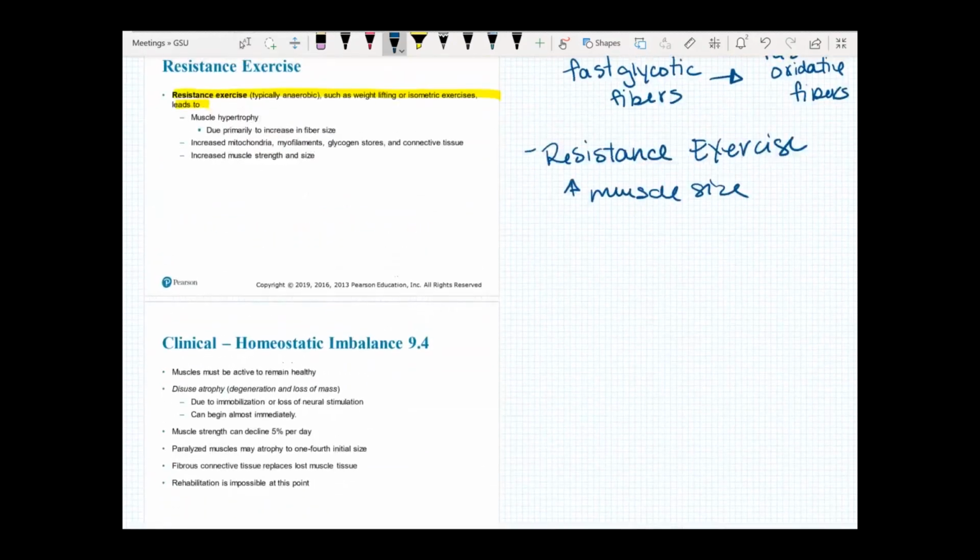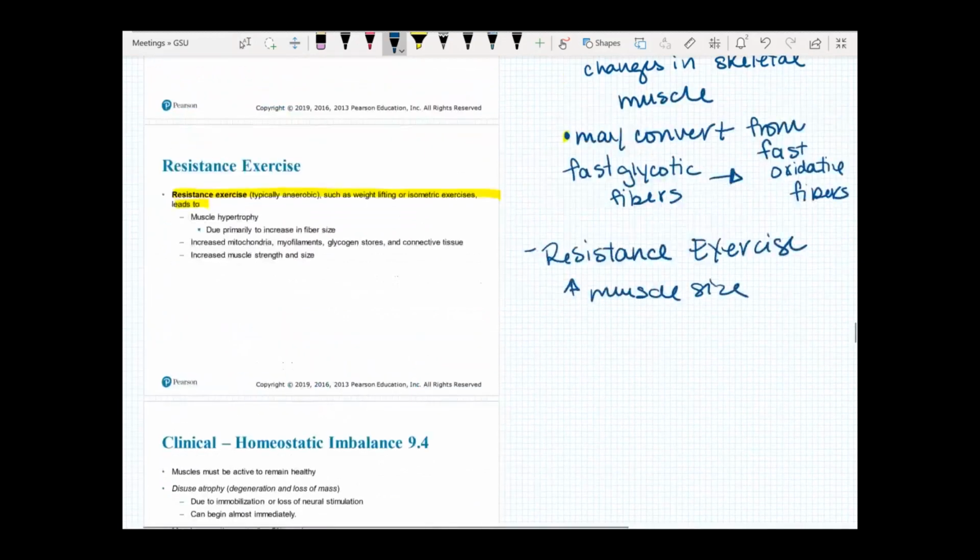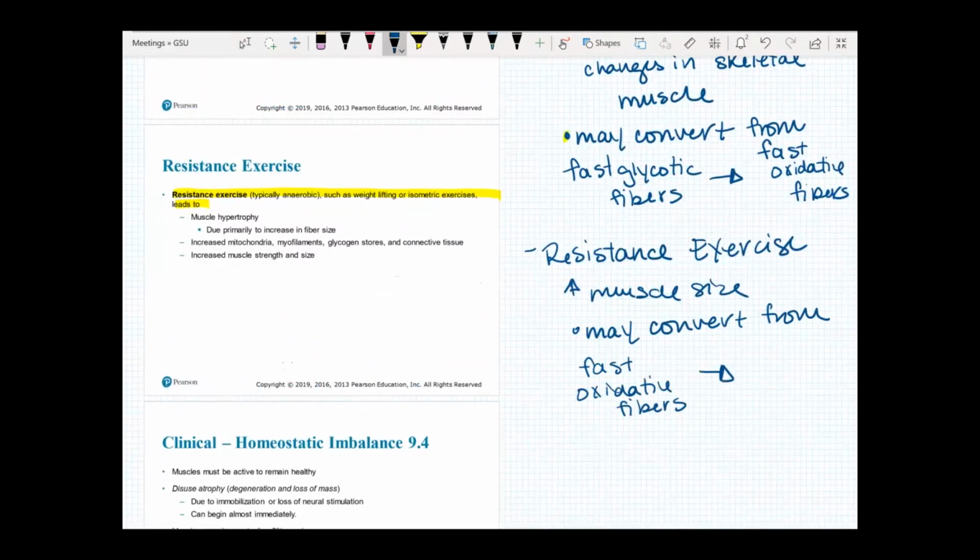But what it will also do is it will also convert fibers. And so whereas aerobic exercise will convert fast glycolytic, this one will convert fast oxidative to fast glycolytic. So it's the opposite.